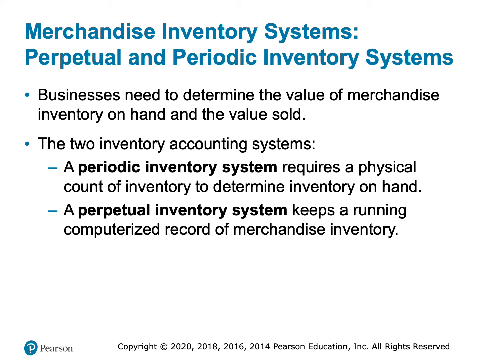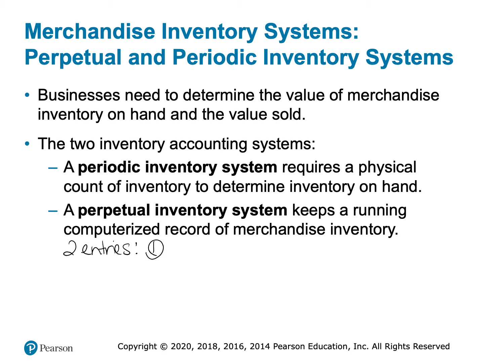Most companies have gone to a computerized inventory system, which means we use a perpetual inventory system. Under a perpetual inventory system, we are always going to keep a running total of inventory and cost of goods sold. What this means for us is that every time we sell something, we have to make two journal entries. So the first entry is to record the sale.